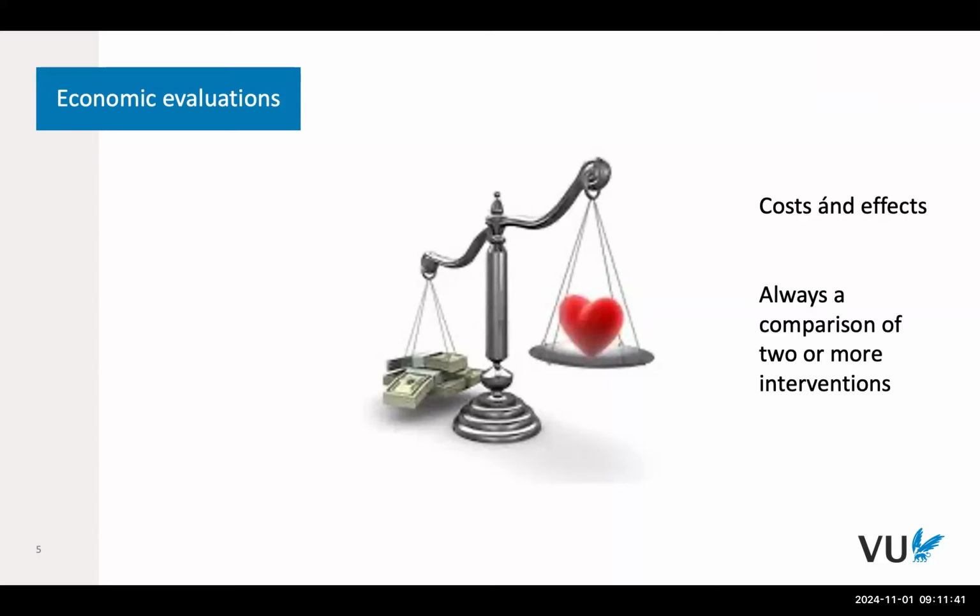We do not choose to become sick and to need healthcare. So the prices that are used in healthcare are generally not a reflection of real scarcity. That means that we cannot compare interventions based on their price alone, but that's why we do economic evaluations, where we look at the relative efficiency of the two treatment options that we have available.